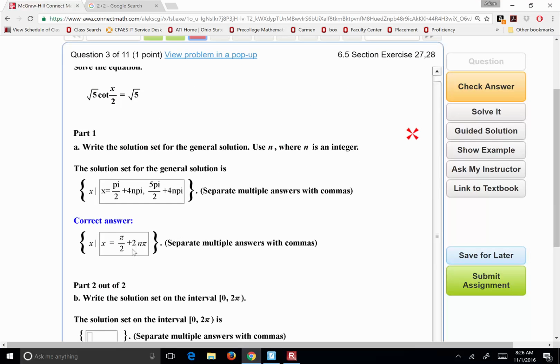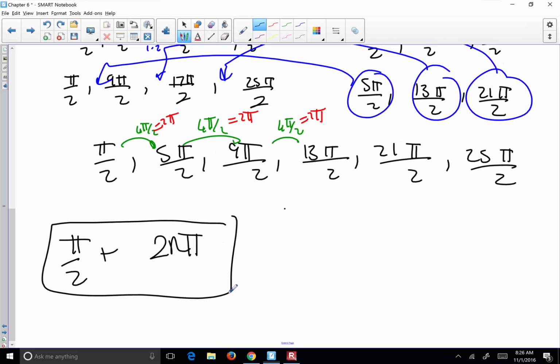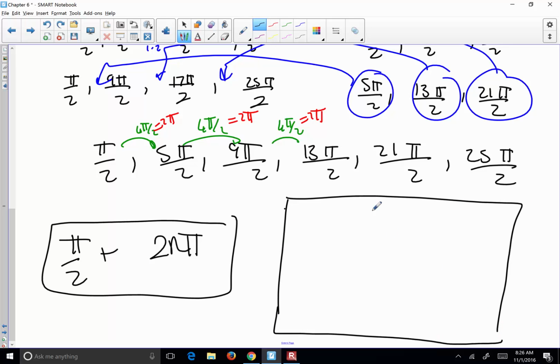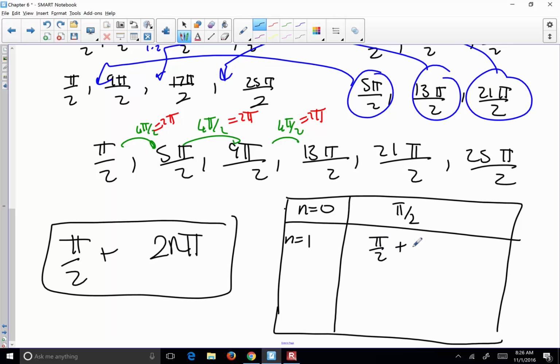Now, taking this right solution, in part 2 we will identify which of these solutions fall into the 0 to 360 range. So I will choose some n values and compute them. For n equals 0, we have pi over 2. For n equals 1, when I add 1, it's already 2 pi more than 2 pi.